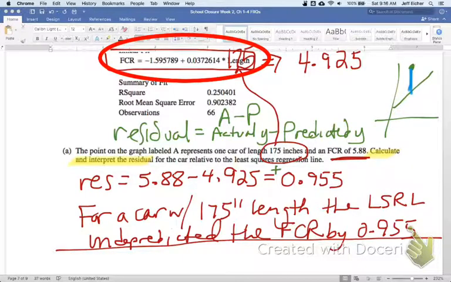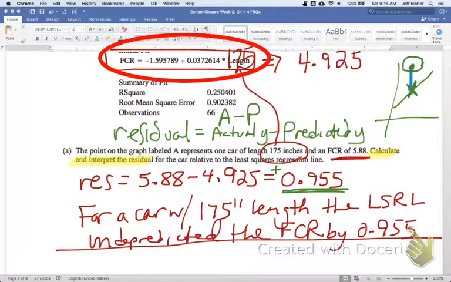That's one way that you could interpret it, but there's another way. Rather than using the under-predicted language, you could say that the observed FCR is 0.955 above the predicted FCR. Make sure you use context. Should be mentioning the length of the car and the FCR.